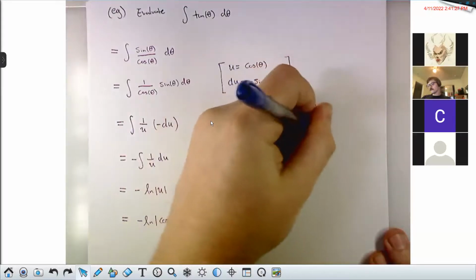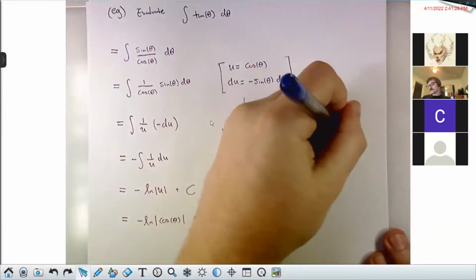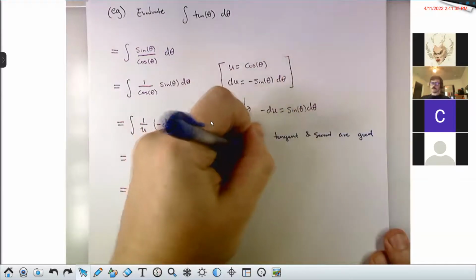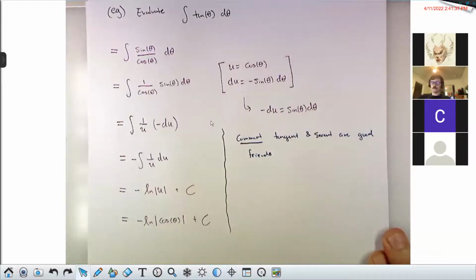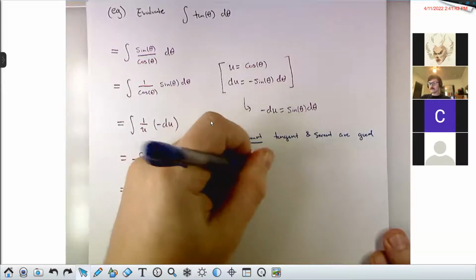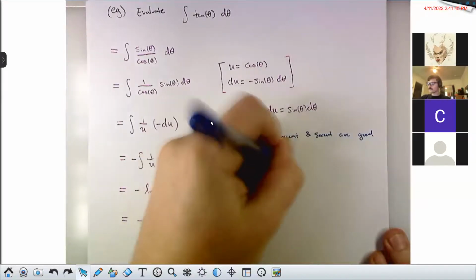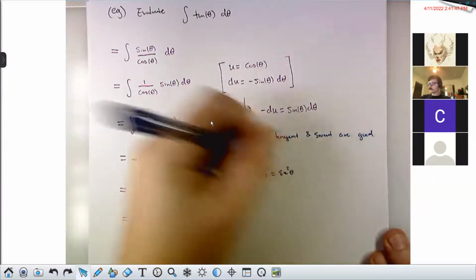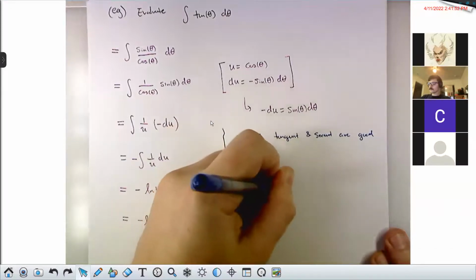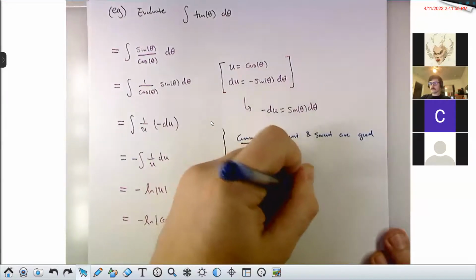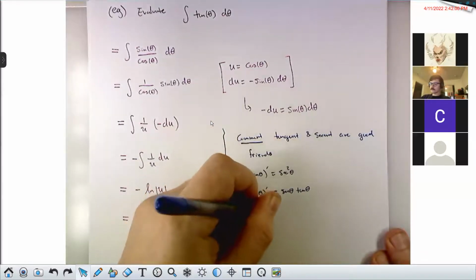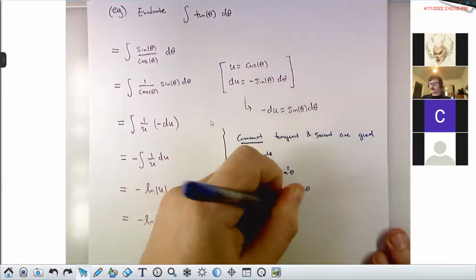Tangent and secant are buddies. They're good friends. The derivative of tangent theta is secant squared theta. The derivative of secant theta is secant theta, tangent theta, and we have that Pythagorean identity 1 plus tan squared theta equals secant squared theta.